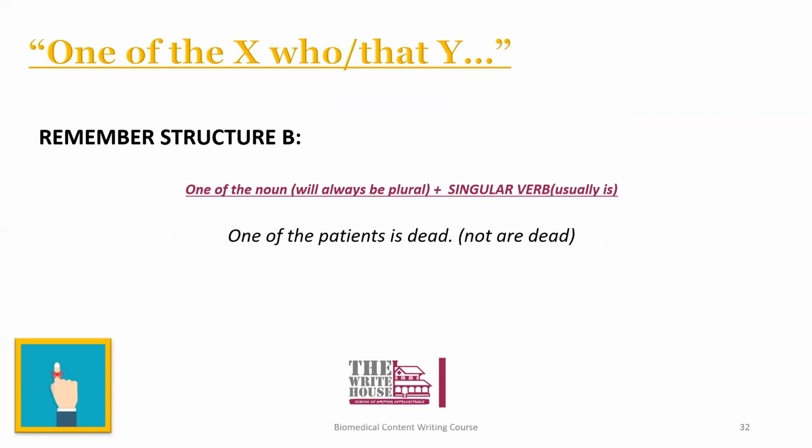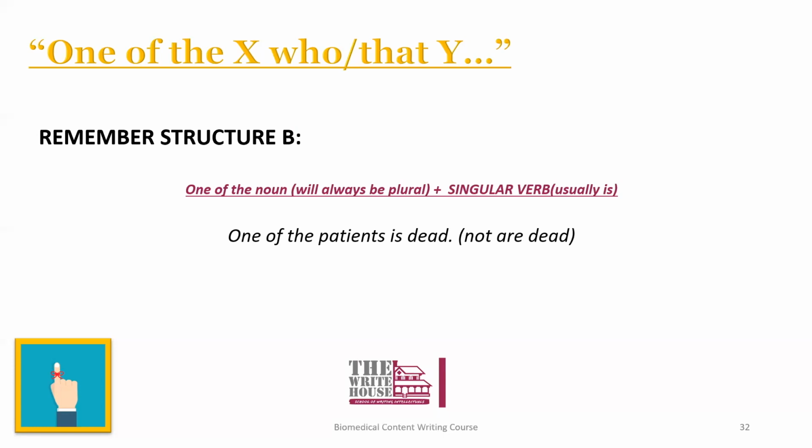Now comes the second structure. This is one of the noun, which is a plural noun, plus singular verb. Example: one of the patients is dead, not are dead. When we are talking about one of the patients, we are talking only about the one, and one must have the singular verb, which is.